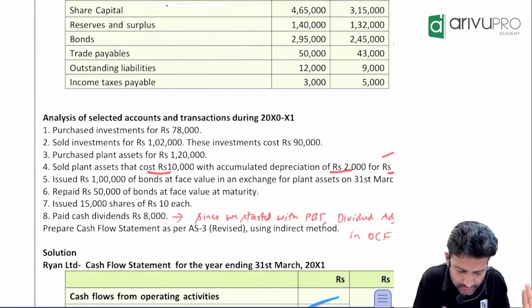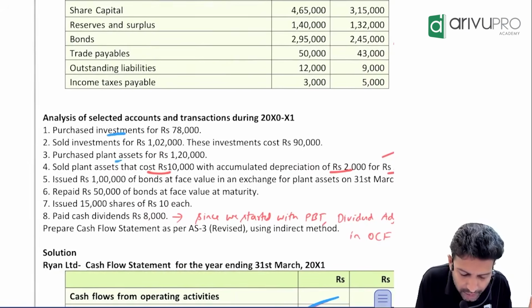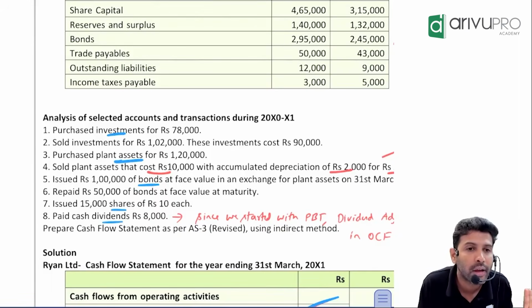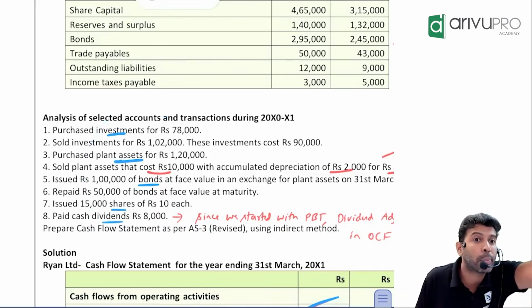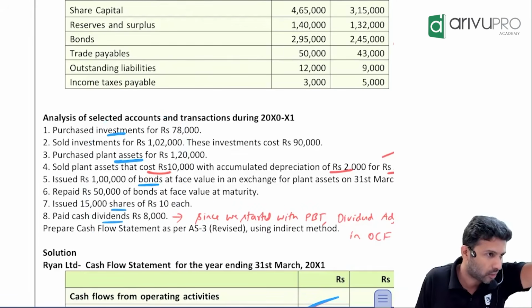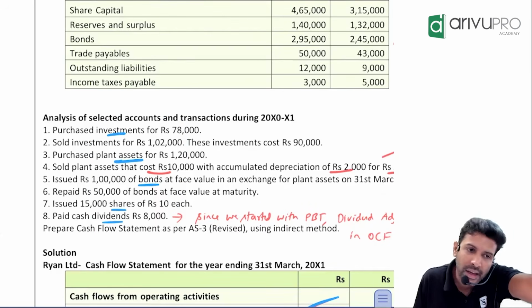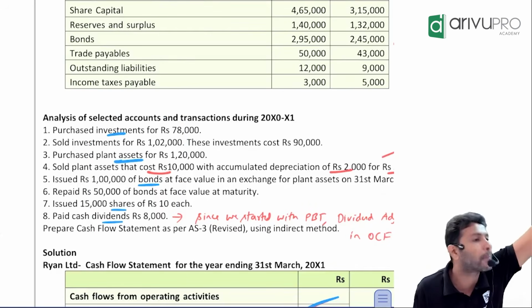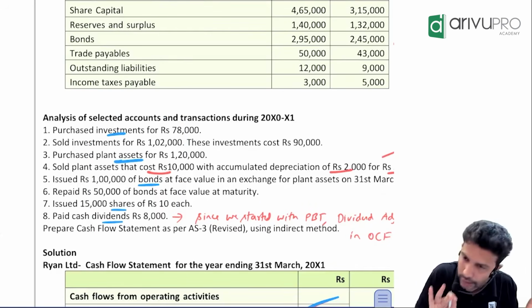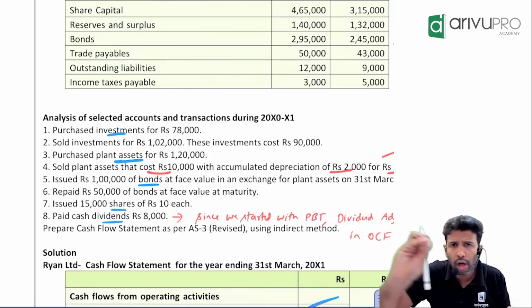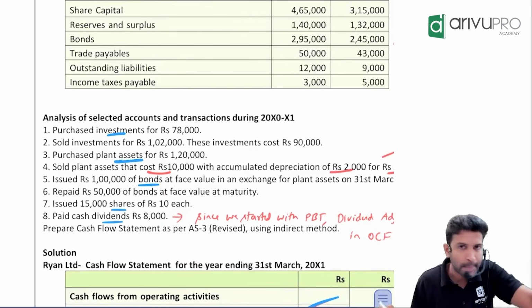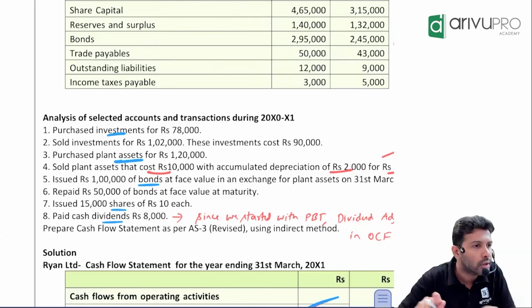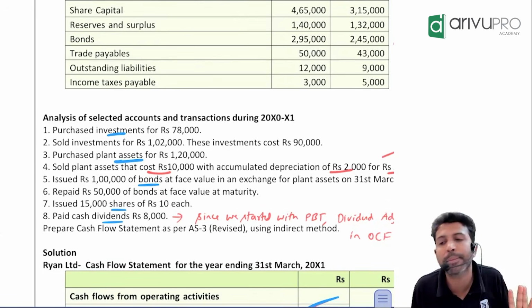When you do a quick revision, you see something about investment, something about plant, something about bonds, something about shares, something about dividend. That means for these, I may have to prepare a ledger. For the rest, I can straight away capture. So quickly read and figure out which accounts have some adjustments. Don't capture them directly. Prepare them through a ledger. Others you capture directly.